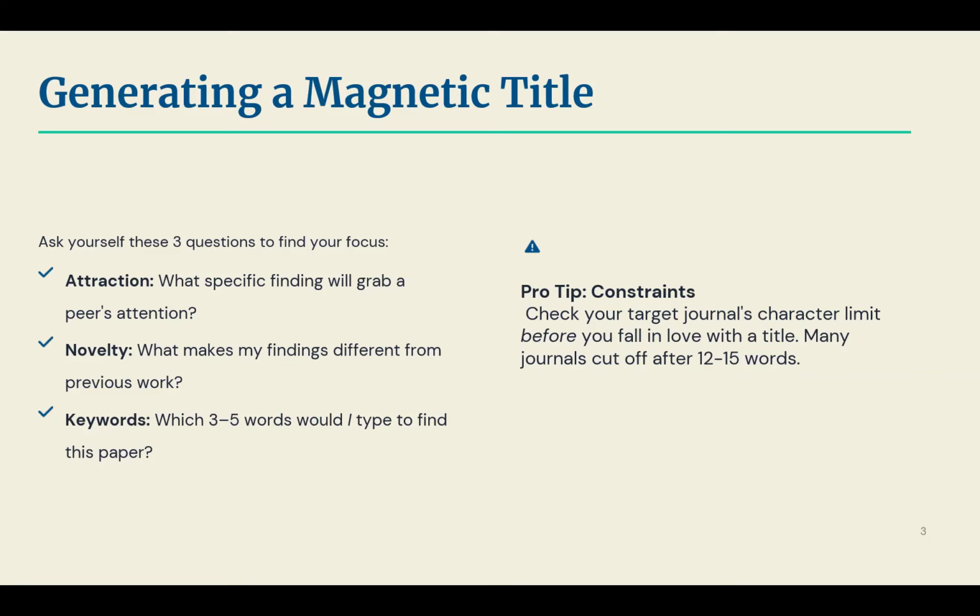What specific finding is attractive enough, how are your findings different from the other work around you, and what three key keywords would drive your reader to your journal article? If you answer these three questions within the journal's title word limit, that's going to be a really effective, super magnetic title.